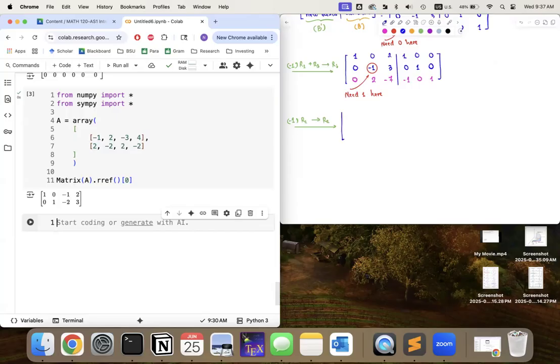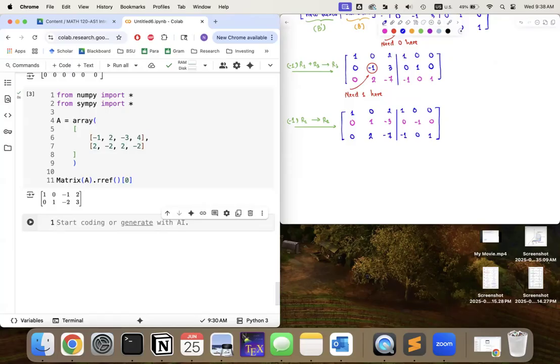First row and third row remain the same. So 1, 0, 2, 1, 0, 0. This is 0, 2, -7, -1, 0, 1. Now for the second row, you multiply by -1, so you get 0, 1, -3, 0, -1, 0.